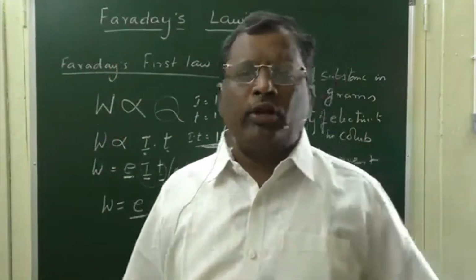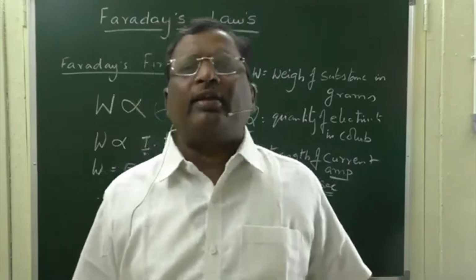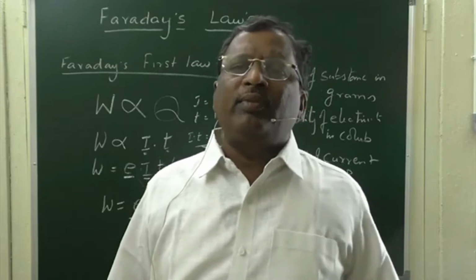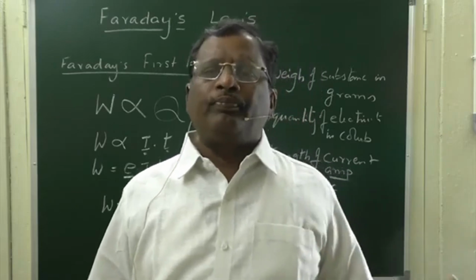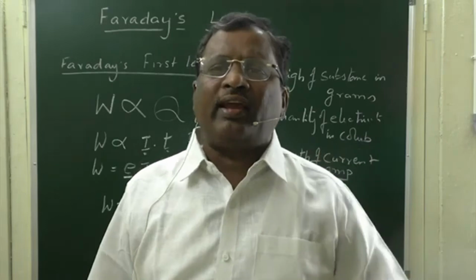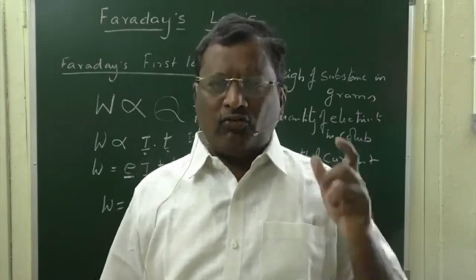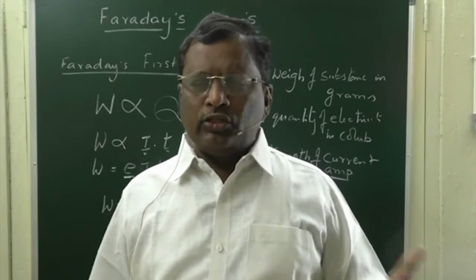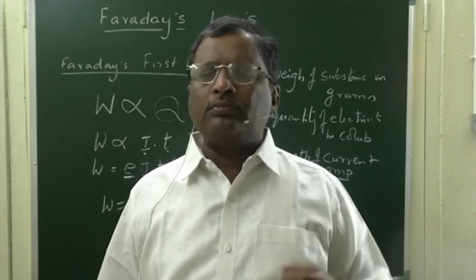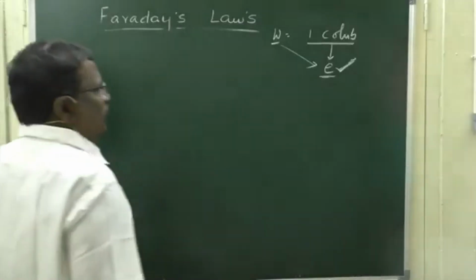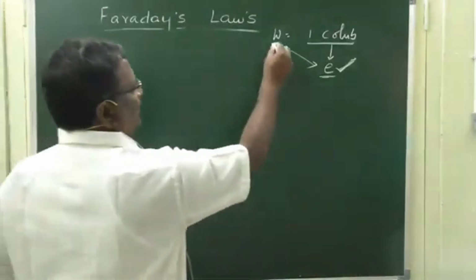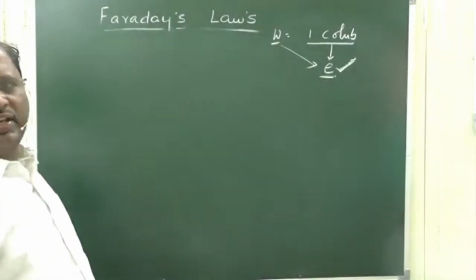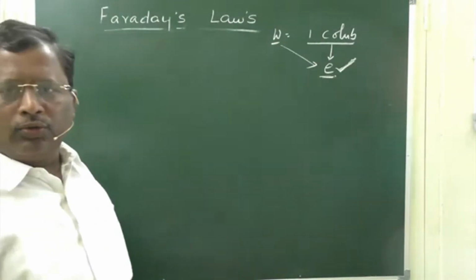It is the weight in grams that is deposited for 1 coulomb of electricity. Its unit is gram per coulomb. So from Faraday's first law, we came to know that electrochemical equivalent is the weight of the substance in grams deposited for 1 coulomb of electricity.